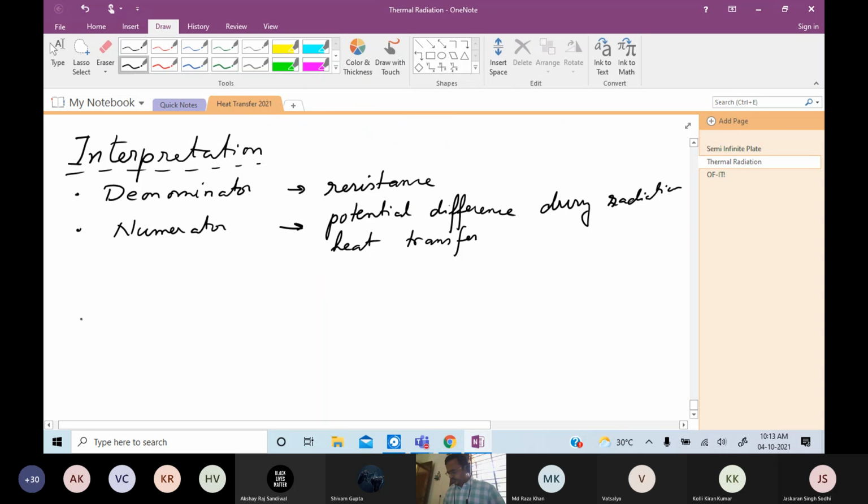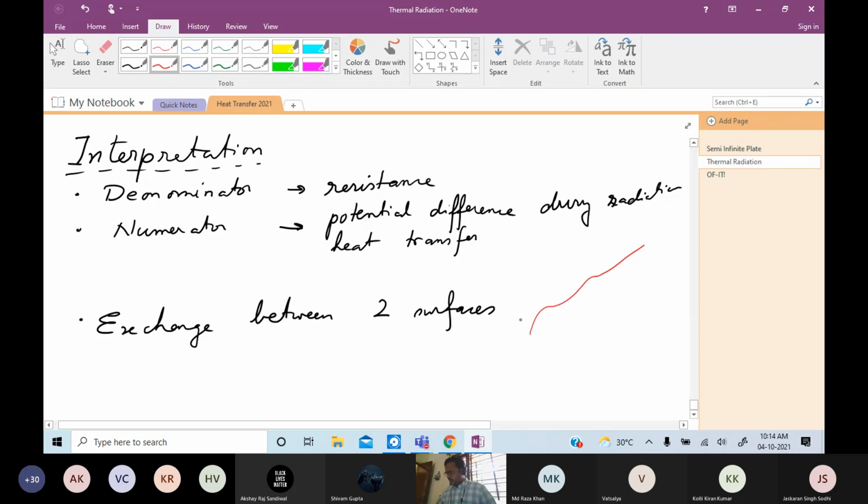Now, if you think of exchange between two surfaces. This is my surface A1 and this is my surface A2.